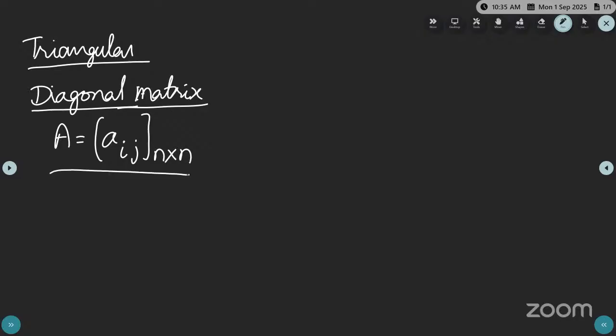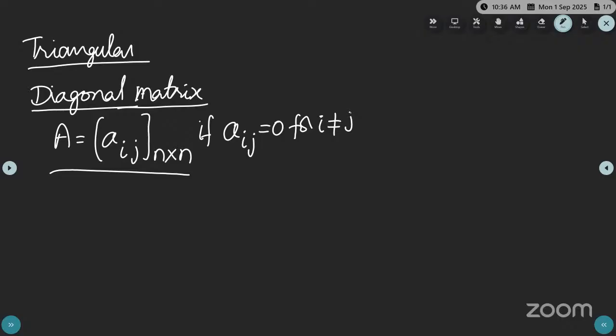A = [aij] of order n by n is said to be a diagonal matrix if aij is equal to 0 for i not equal to j.